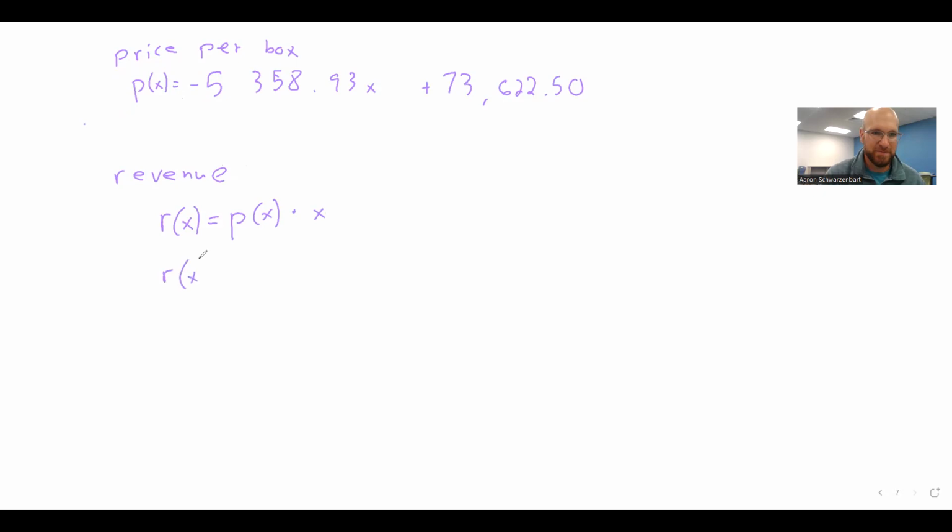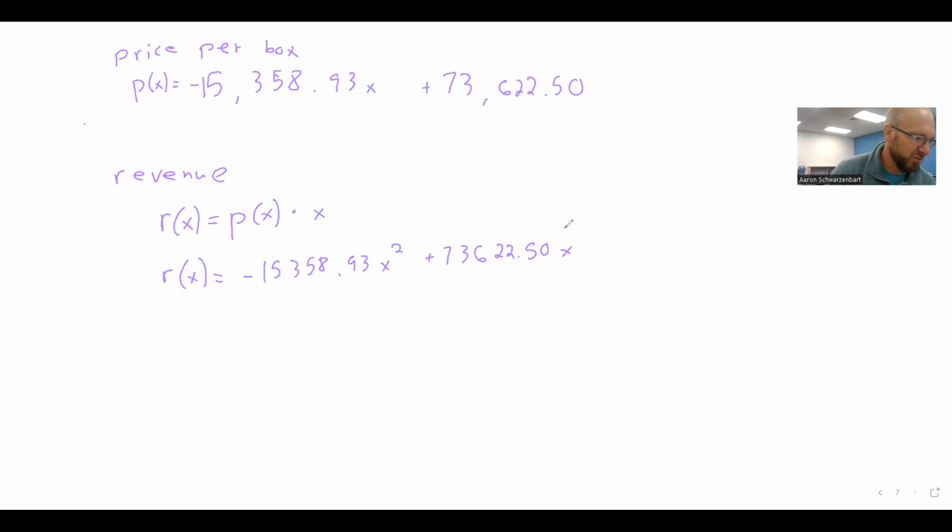Or if I multiply all of this by x, I get negative 15,358.93x squared plus 73,622.50x.